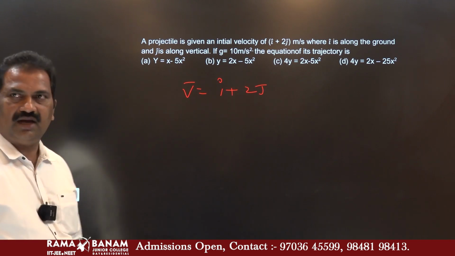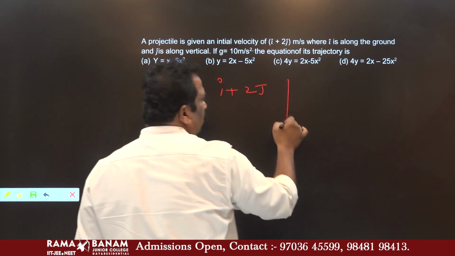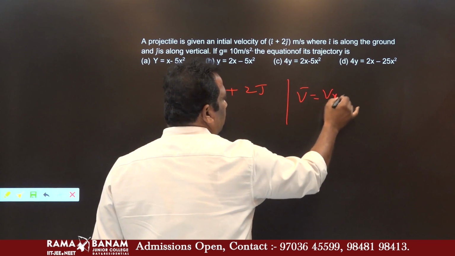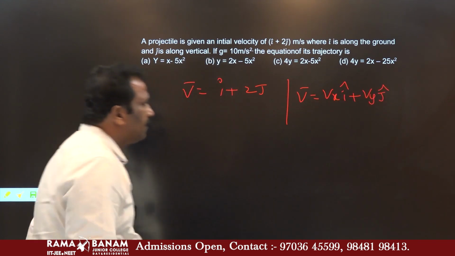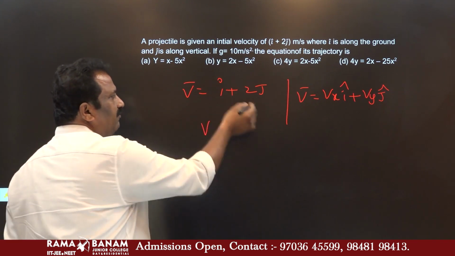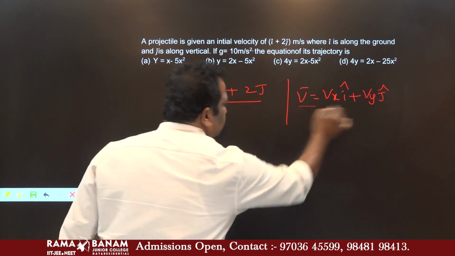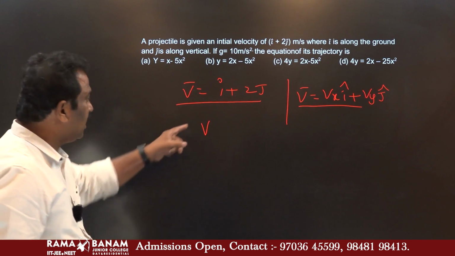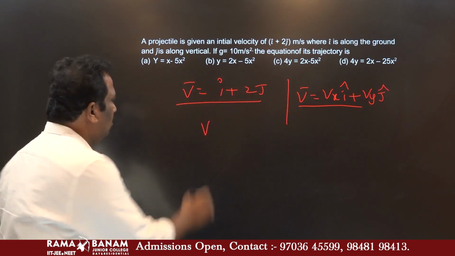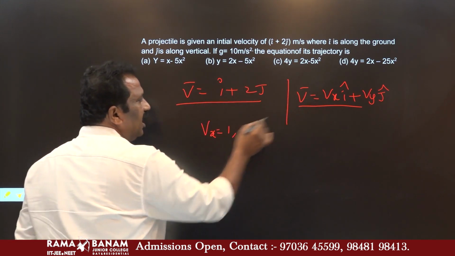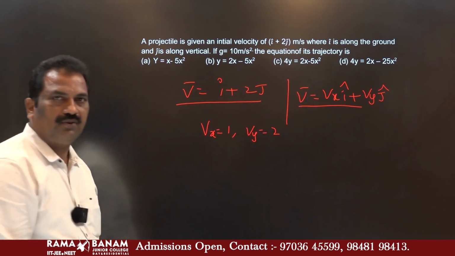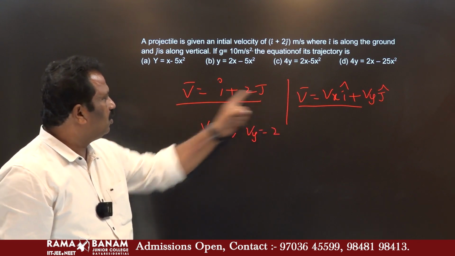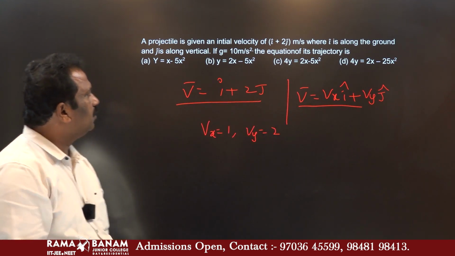Generally we can write the vector form as V bar is equal to Vx I cap plus Vy j cap. Comparing these two equations, Vx is 1 and Vy is 2. You have to write it like this: Vx is equal to 1 and Vy is equal to 2.